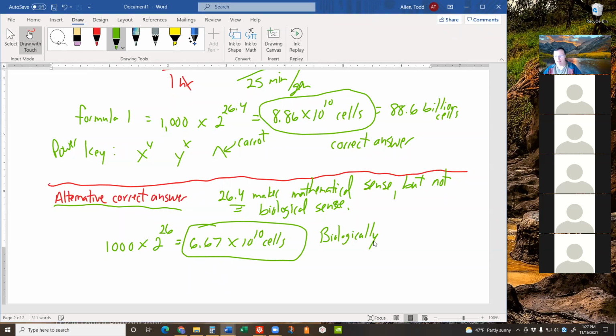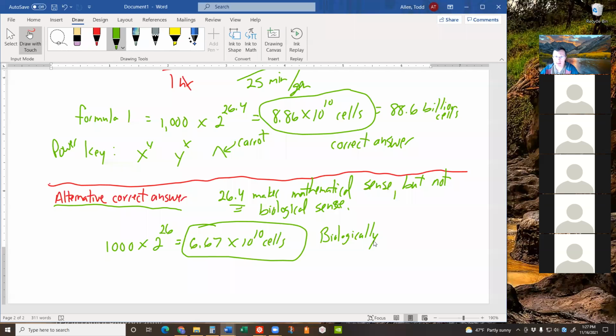And so you get to see that math is the beginning of our wisdom. It's the beginning of our reasoning in science, but it's not the end point. Okay. So Yasmin, to answer your question in the chat window, if you have a scenario like this, you would be justified rounding down for the number of generations.